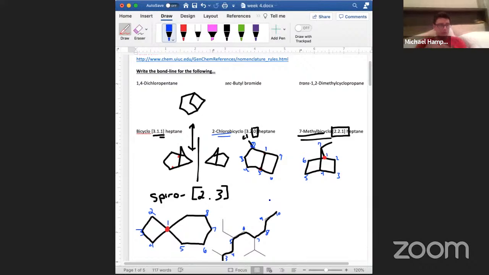If it's a spiro molecule, 2 numbers in the bracket, you start counting to the smaller side. Cool? And yeah, I just didn't number it. 9. That's all you need to know for spiro molecules.